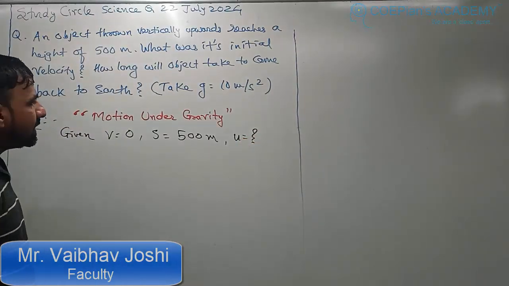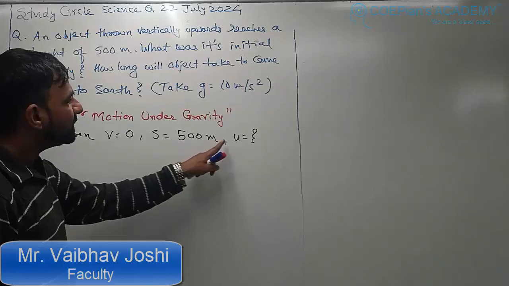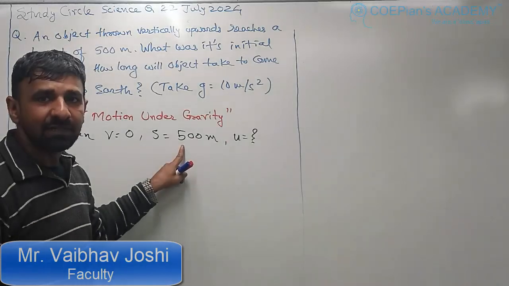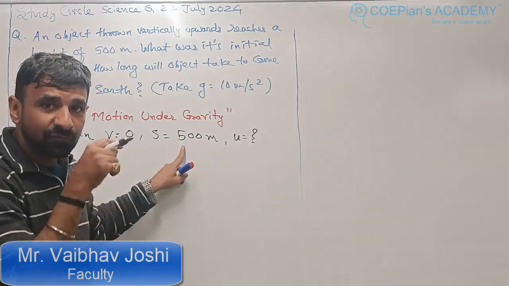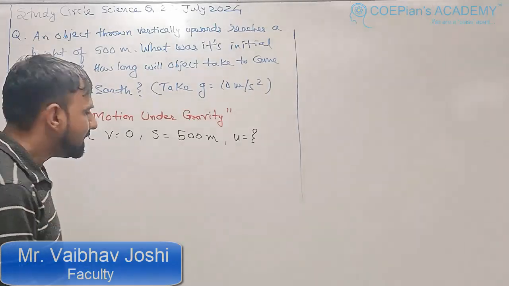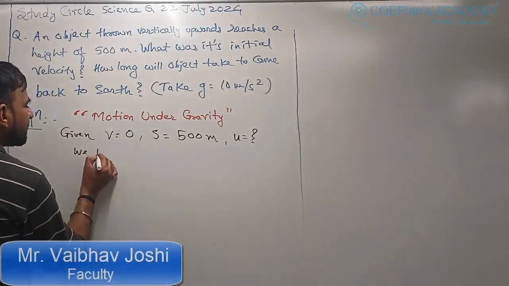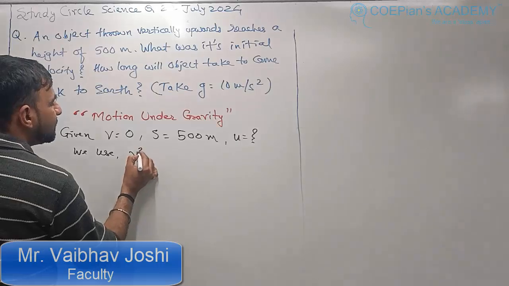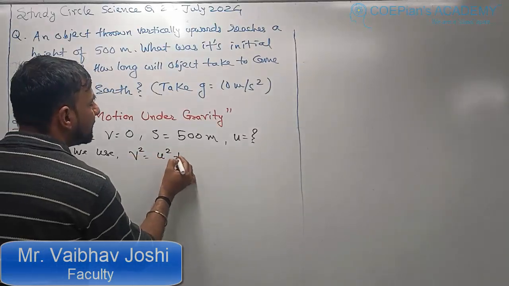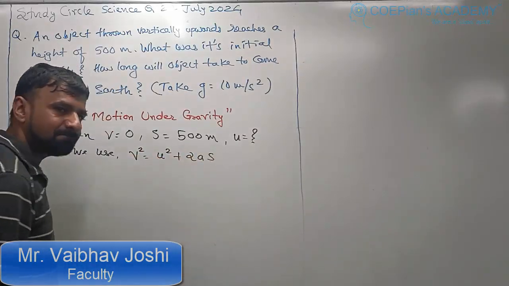Okay, so if we are interested in finding this velocity and we are given s, and there is no time required or given at first sight, then we will use v square is equal to u square plus twice as, right?